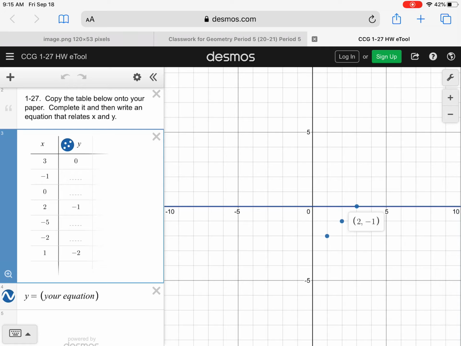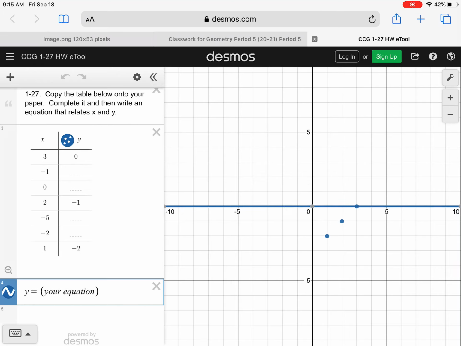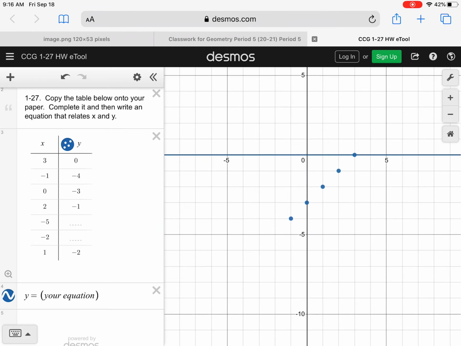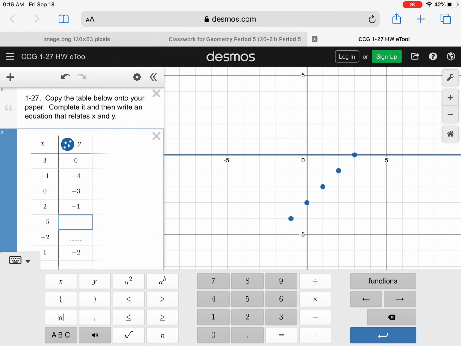So we can add 1, and we can clearly see that the slope is going to be 1. So we can put 0 and then down 3. So let's go ahead and write in a -3, and then it puts another point in there for you so that you can see that. And then if we continue to move to the left, that would be at -1 down 4. So I'll go ahead and put a -4 inside of that chart, and it puts in another point for us.